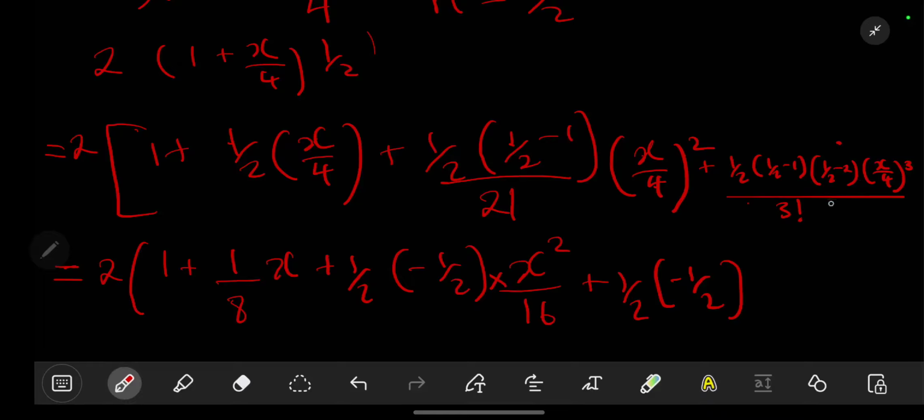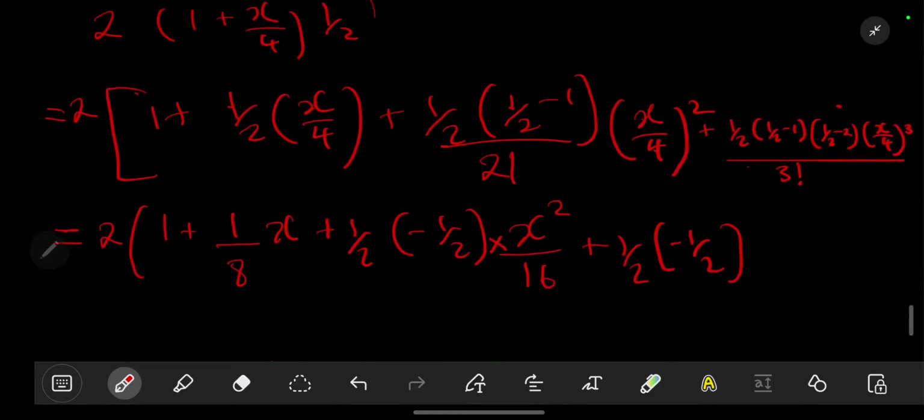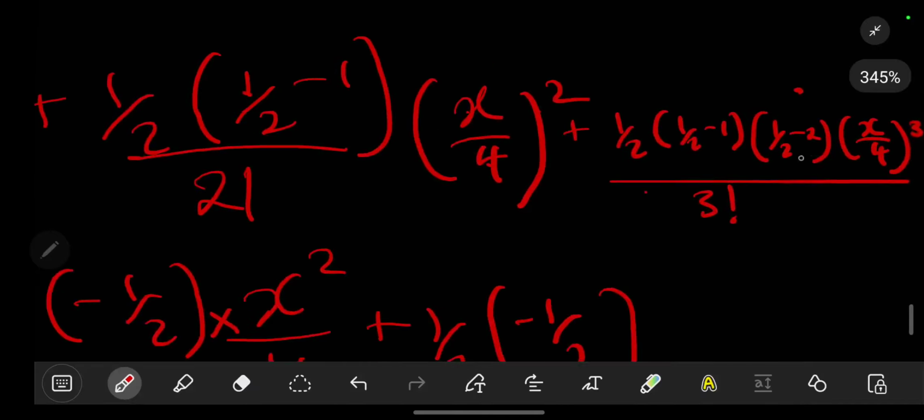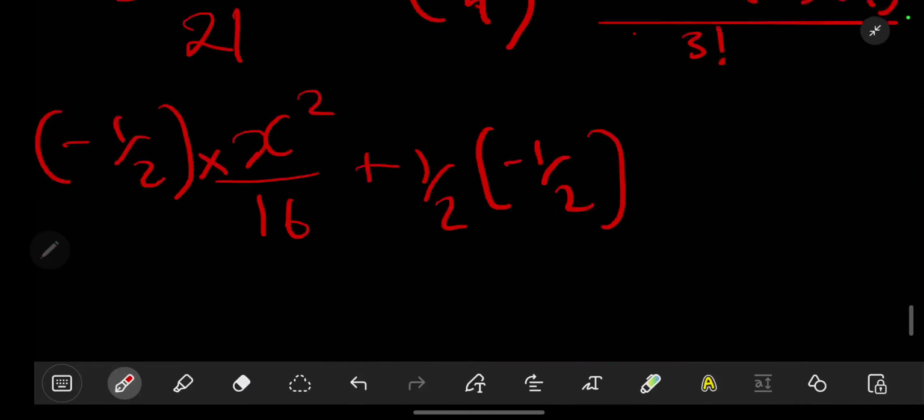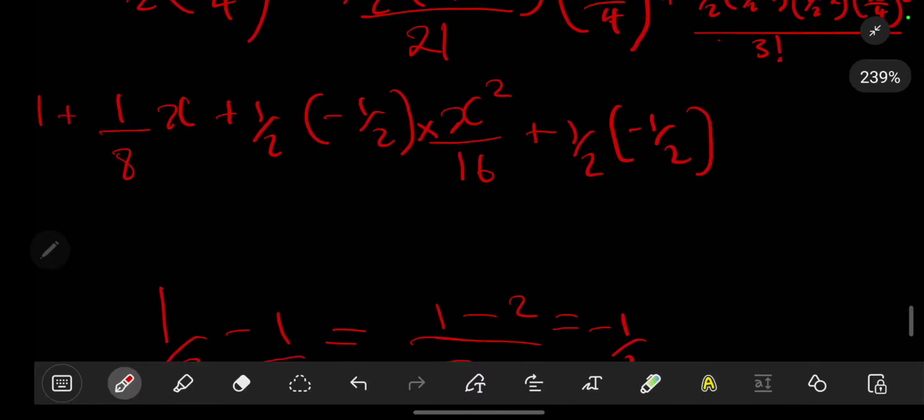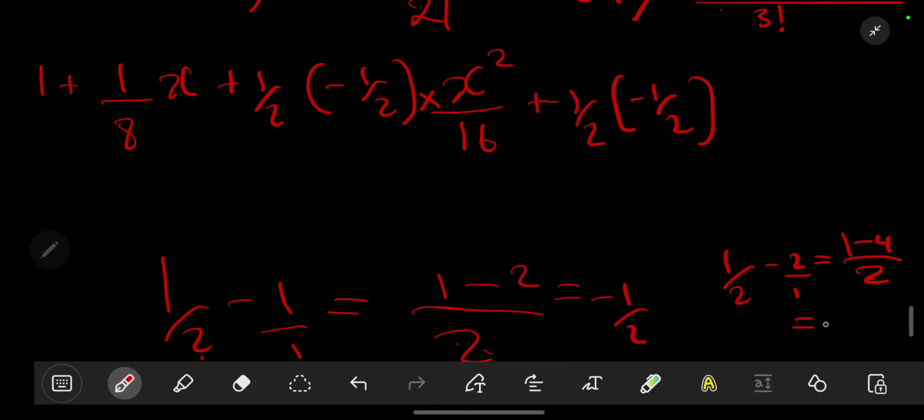Then we have half minus 2, so remember we are here, half minus 2, this will give us a value of, common denominator 2, 2 divided by 2, that's 1 times 1, that's 1, 2 divided by 1, that's 2 times 2, that will be negative 4. So when we subtract, we are going to have negative 3 over 2.